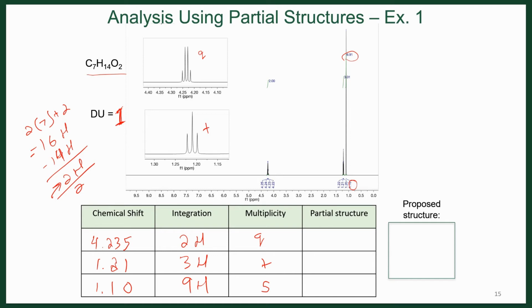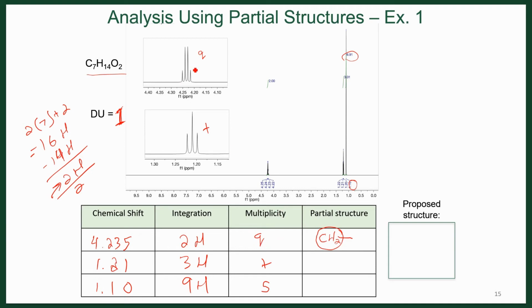So let's go back and take a look at what my partial structures can be to fit this NMR data. So let's take a look at our quartet here. To have this here, we're again looking at 2 hydrogens associated with the integral value. And so we have a CH2 group, which is what we are observing. And then we're going to interpret the multiplicity. So to figure out the adjacent carbon, we're going to look at the multiplicity.